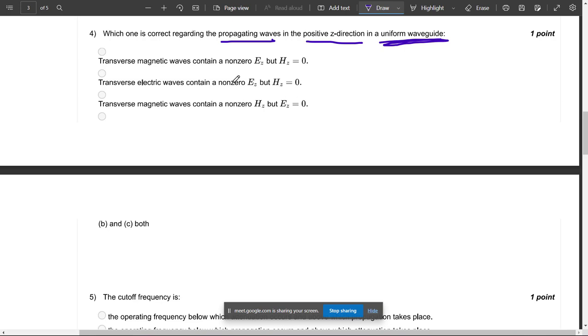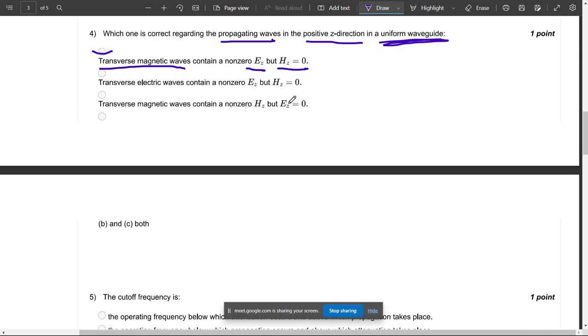Okay, so transverse magnetic wave contains a non-zero Ez, but Hz is equals to 0. Yes, this one is correct. For transverse magnetic waves, Hz for positive z direction will be 0 and it will have a non-zero Ez.